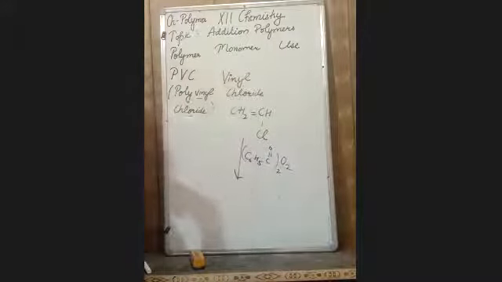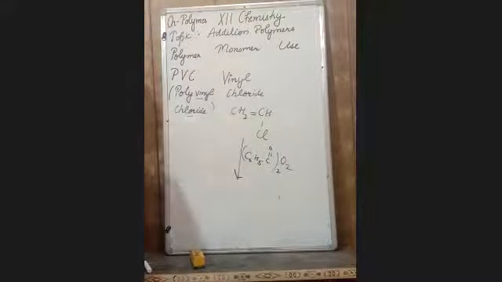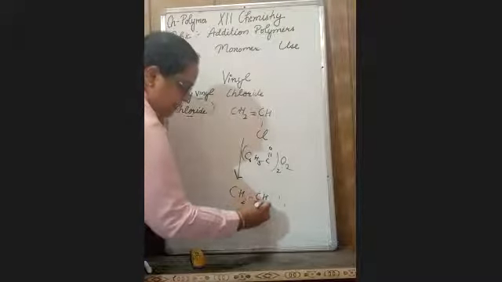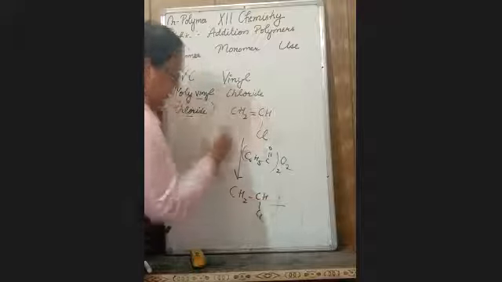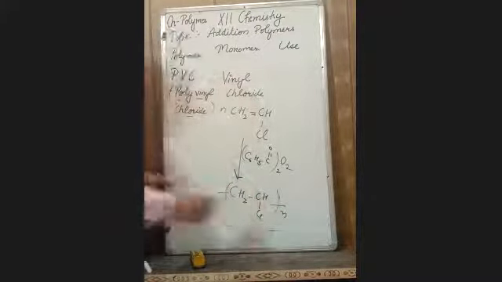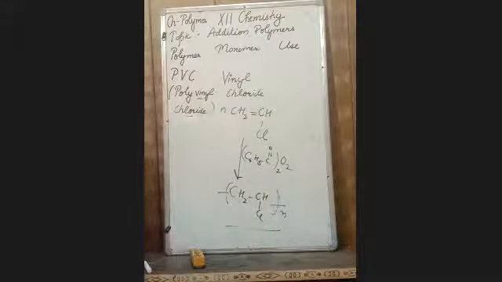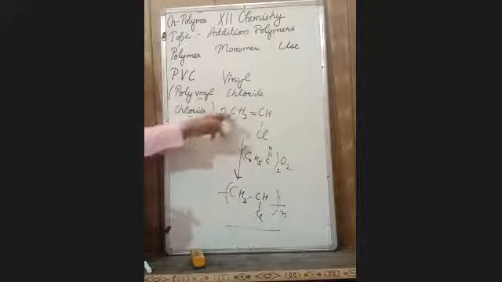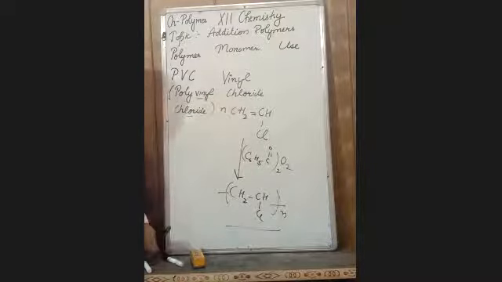They undergo a free radical mechanism to form this PVC. We have taken n numbers of monomers, and it will form this polymer. Its monomer is vinyl chloride, that is CH2=CHCl.